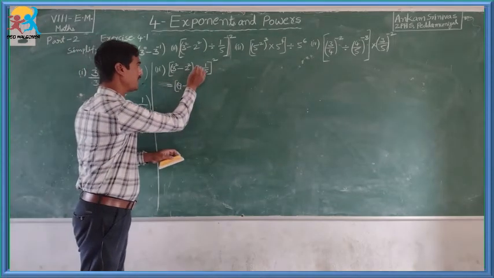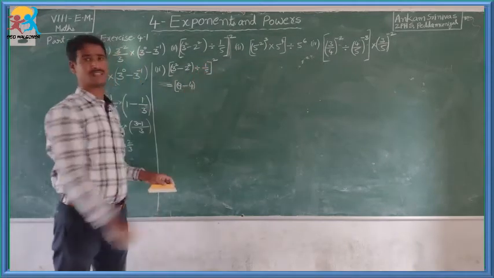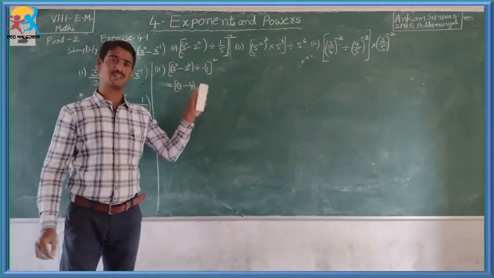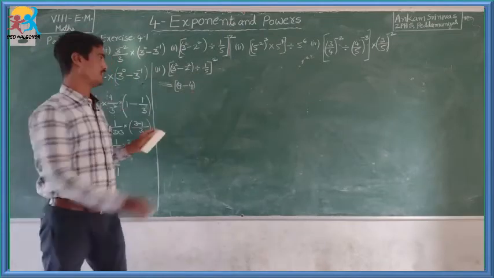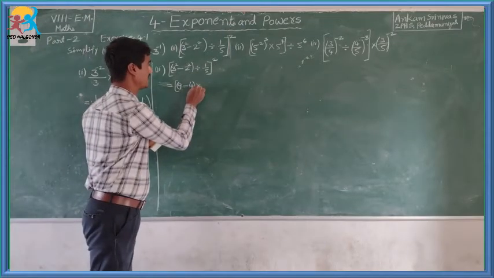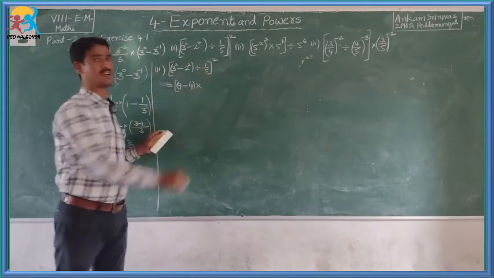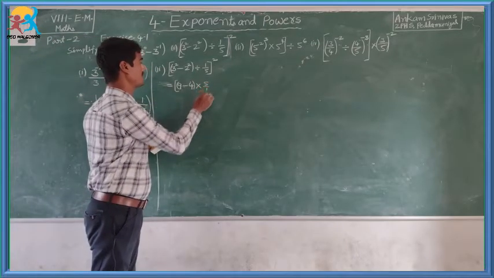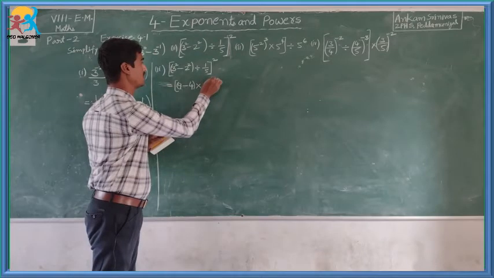Next, divided by 1 by 5. When division is not possible to do directly, convert into multiplication. When you convert into multiplication, we have to write the reciprocal of 1 by 5. 1 by 5 becomes 5 by 1, whole square.